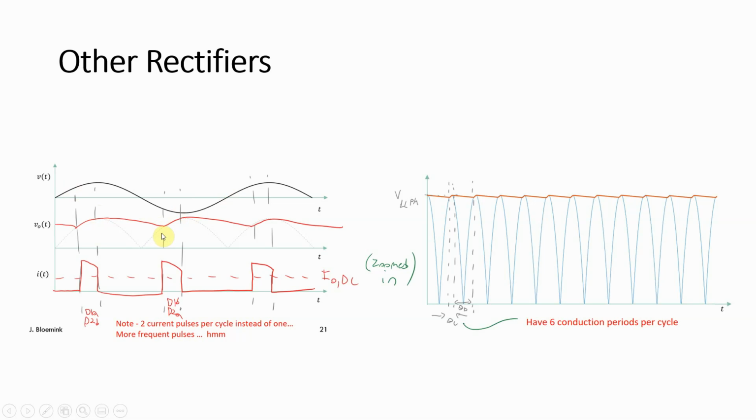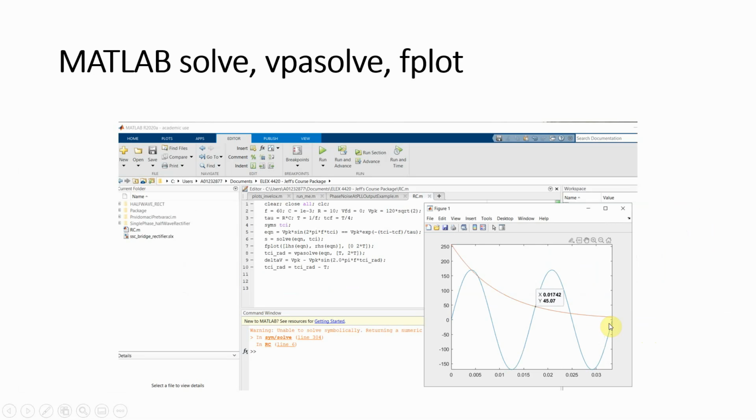It's half of T. And if you remember for 3-phase, this one becomes 1/6 of T, right? Because it's a 6-pulse 3-phase rectifier, so we have 6 conduction periods per cycle. Okay, so it's the same story. The only difference is that your TCI and TCF are going to be closer to each other. So that's going to be the only difference.